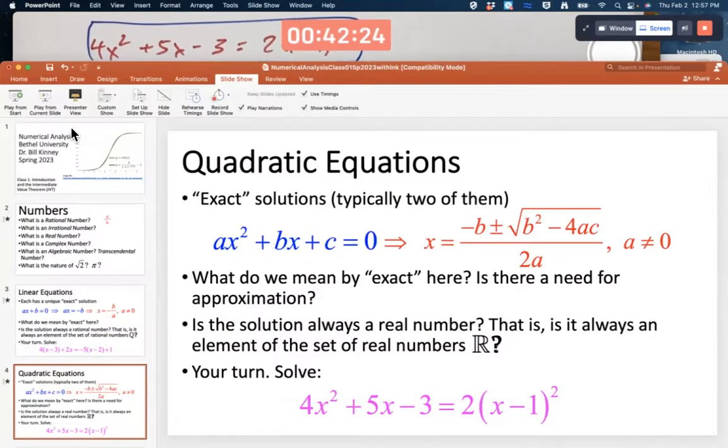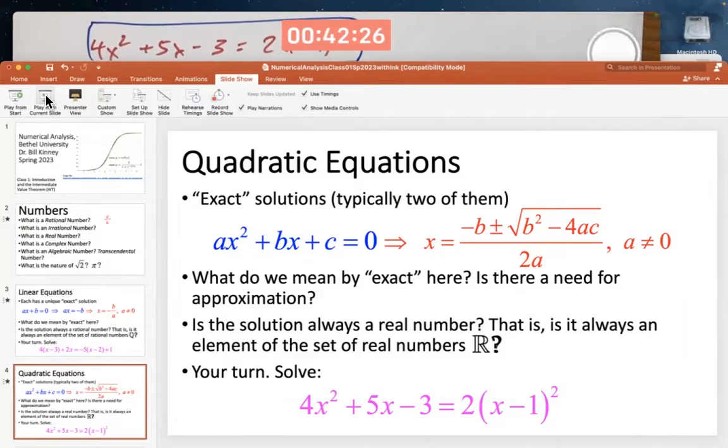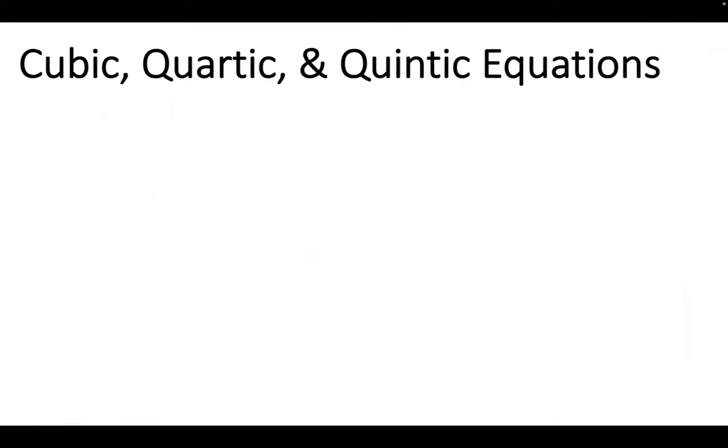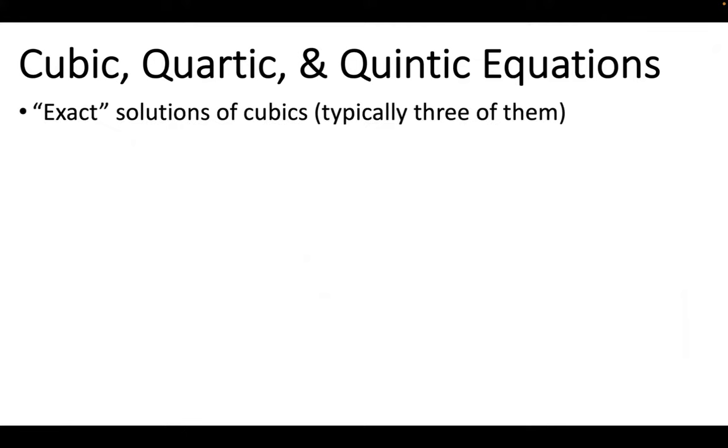All right, what's the next step up in difficulty? Linear to quadratic to cubic, quartic, quintic. You kidding? No, I'm not kidding. Exact solutions of cubics. Typically 3 of them. By the way, I said with quadratics it's typically 2. When would it not be 2 with a quadratic?